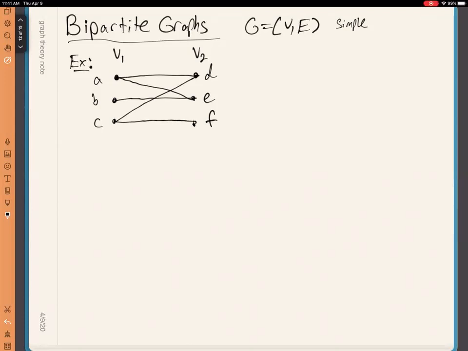But notice there's no interaction or connections between A and B, or B and C, or C and A. And similarly, there's no interaction between D and E, or D and F, or E and F, right?